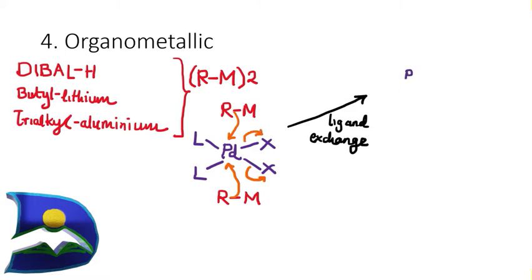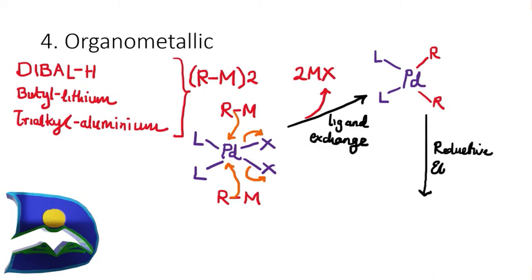So in this case, what happens is the formation of R groups attached to palladium, still having the oxidation number of palladium as +2, while we have the release of an ionic compound, or salt as some people might call it.